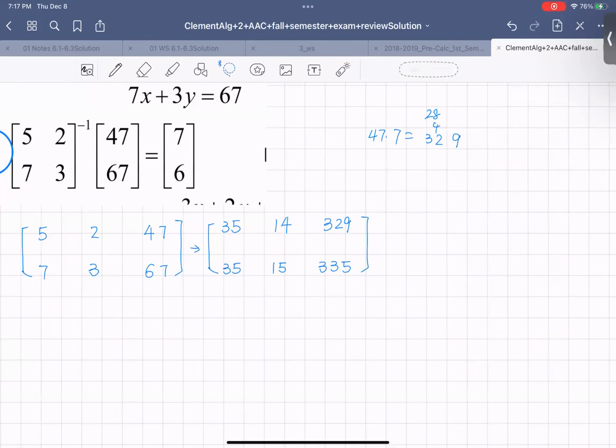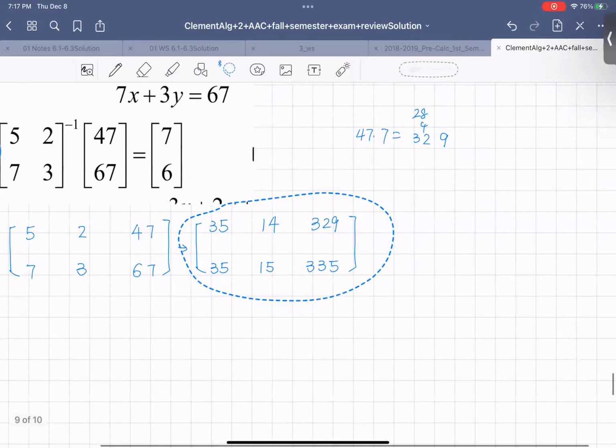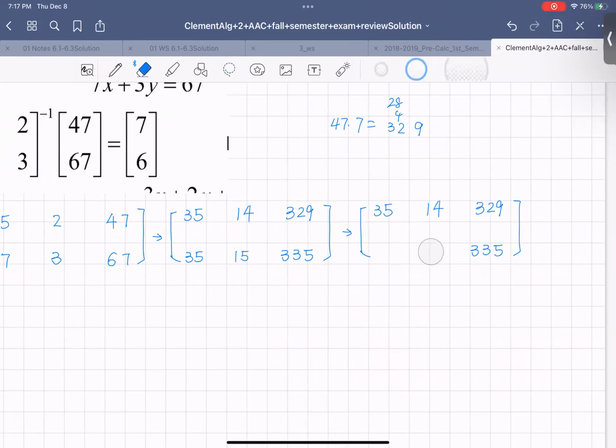The bottom row will become 0, 1, and then 300. So this minus this is 0, right? 0, and then 1. We can use this minus this, so we can make it positive.